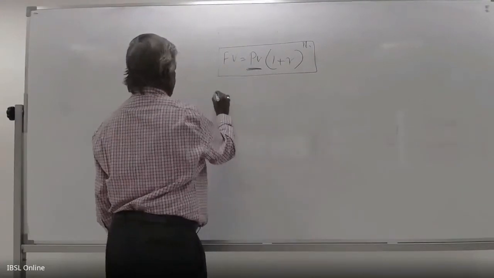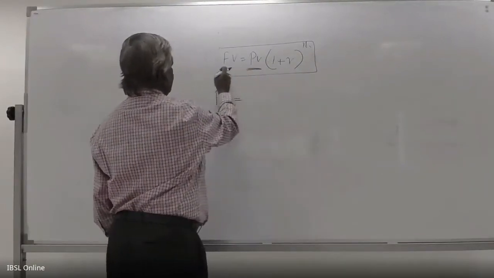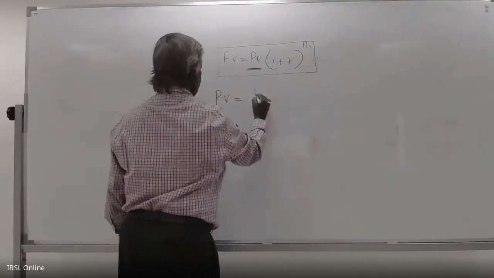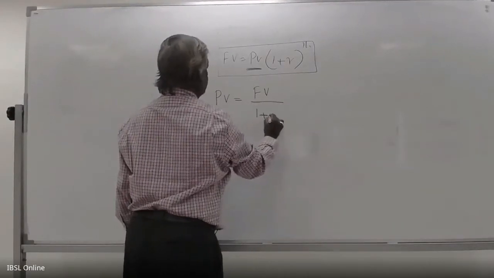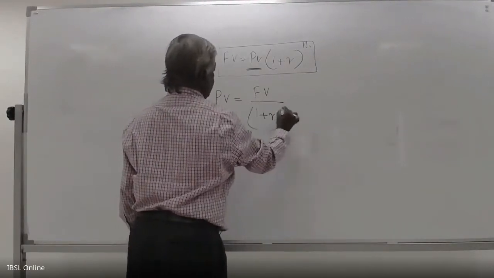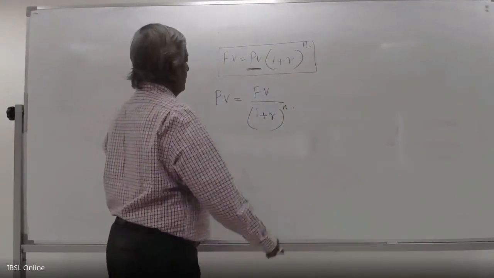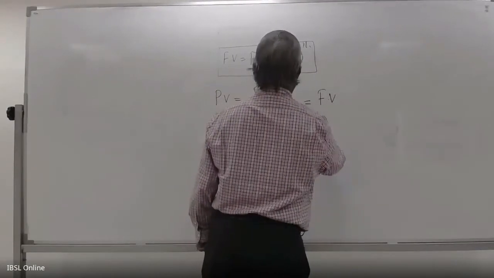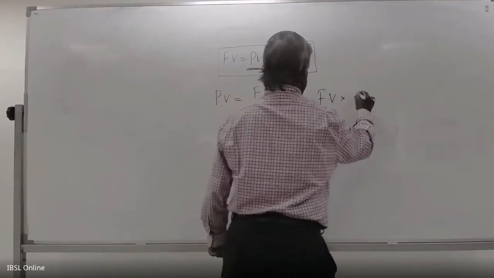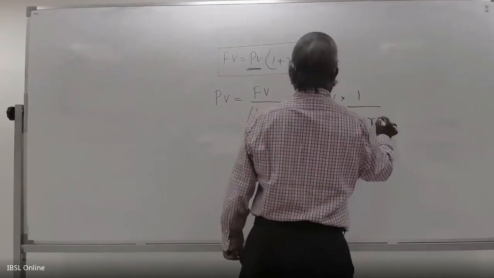So PV is equal to, bring this one here, so this will come down, FV divided by (1 plus r) to the power n. So this is equal to FV into 1 divided by (1 plus r) to the power n.